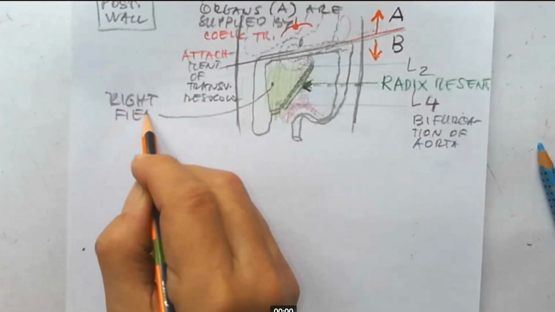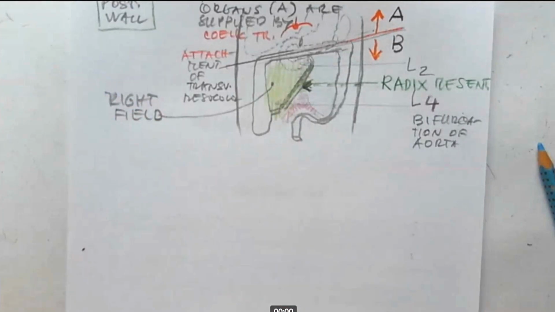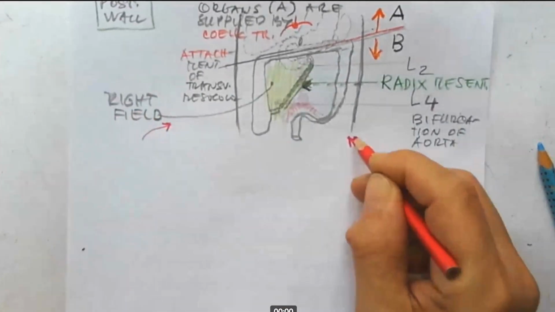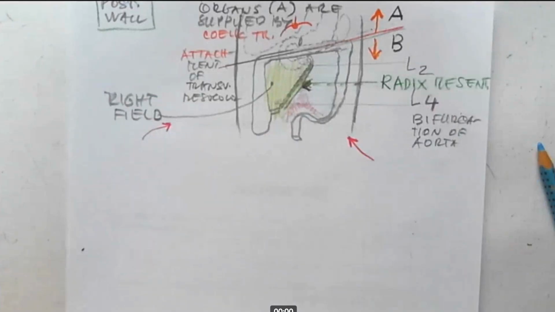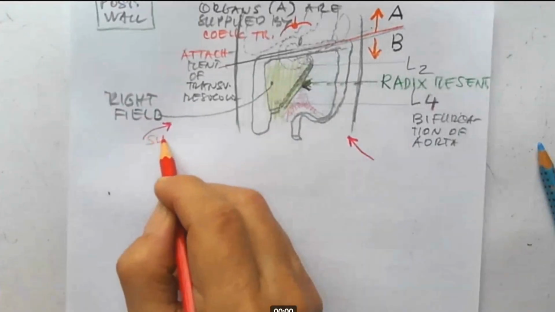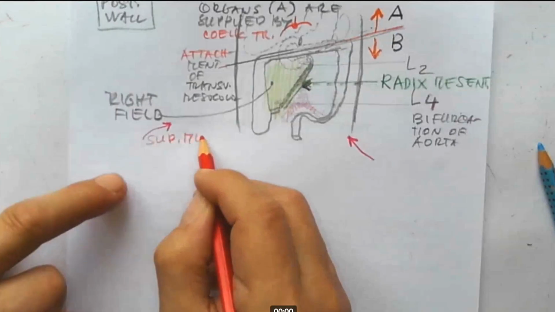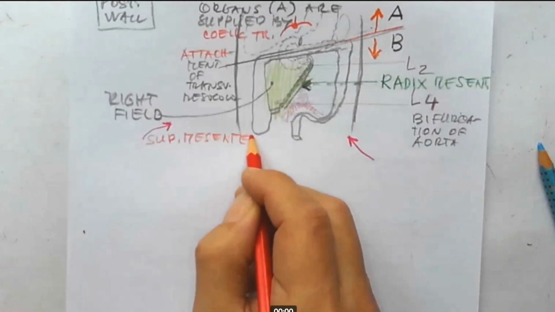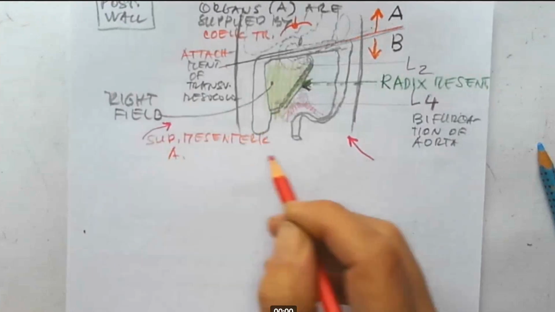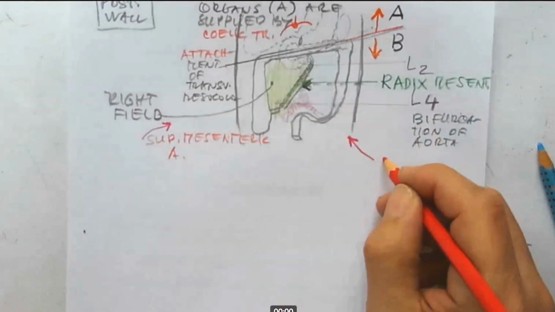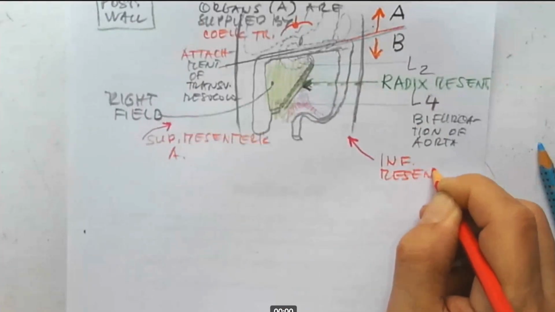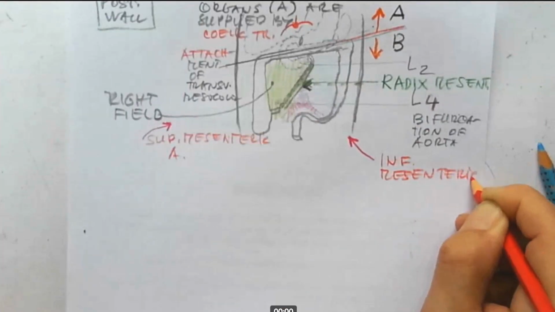I would just put field, which is supplied by the superior mesenteric artery, and the left field by the inferior mesenteric artery, of course, together with the veins.